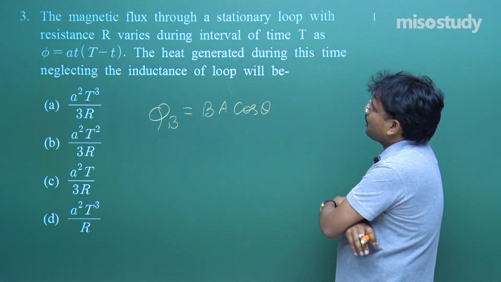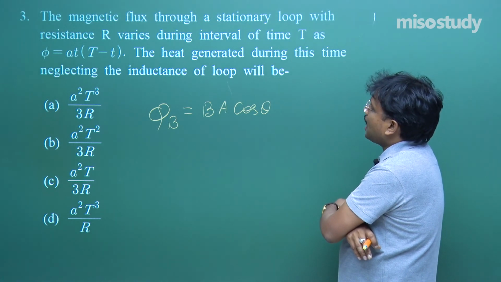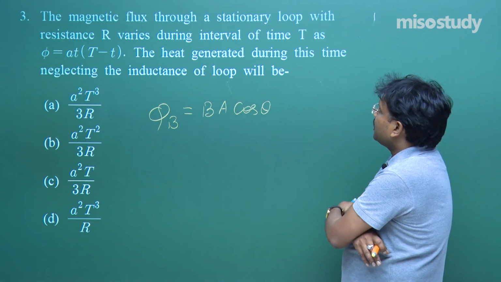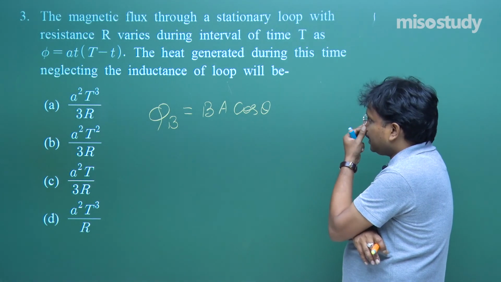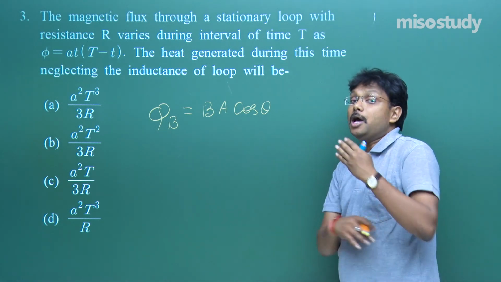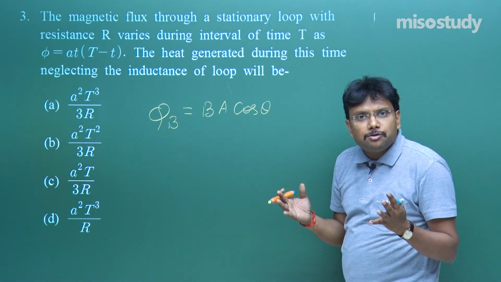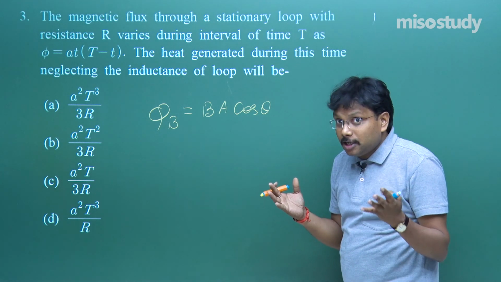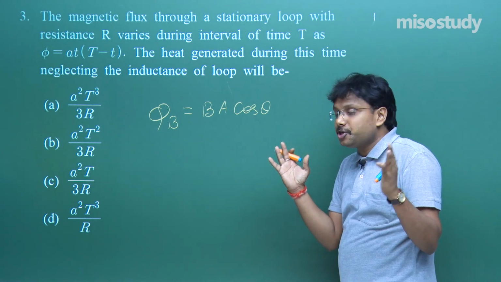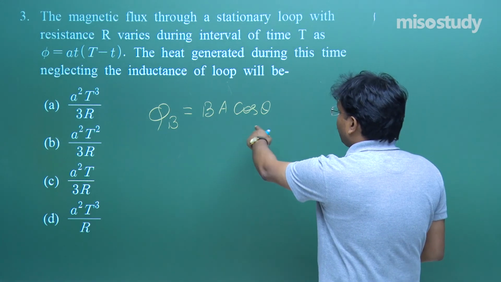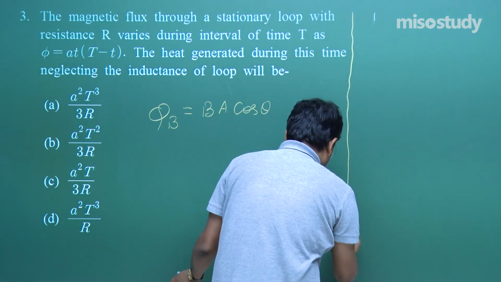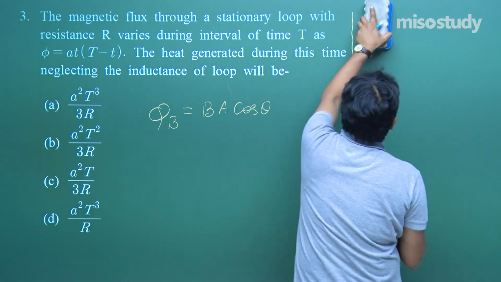With resistance R, it varies during an interval of time t as phi is equal to AT into (t minus T). The heat generated during this time, neglecting the inductance of the loop, will be how much? Ultimately, in this question also they are asking about induced EMF, only then can you find the heat, H equal to I square R T type of relation. So from here we will start the discussion of this particular question.